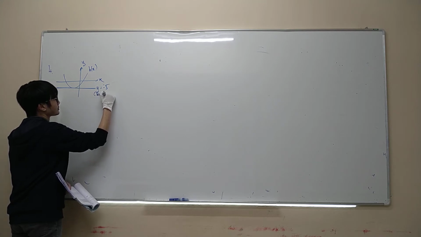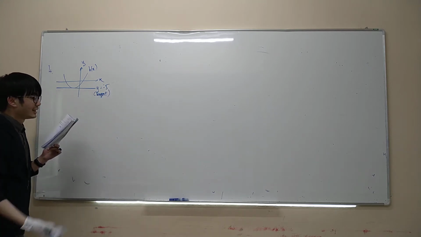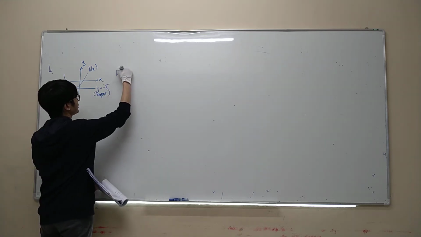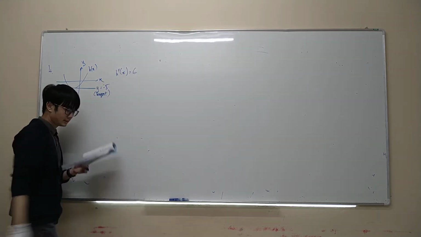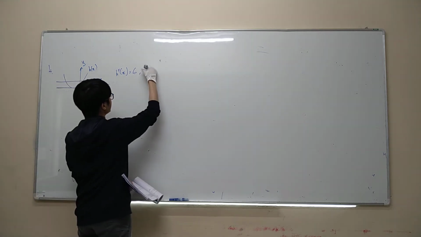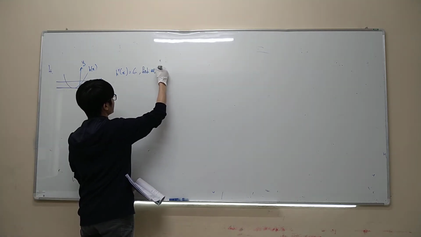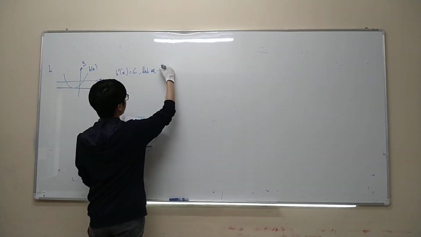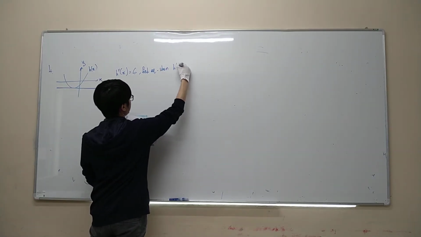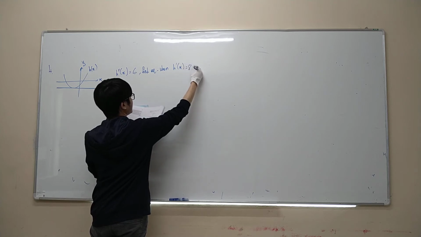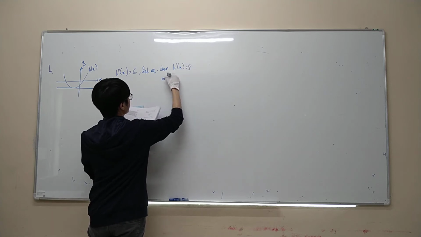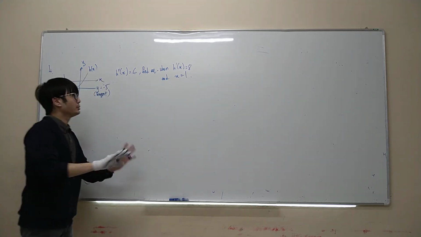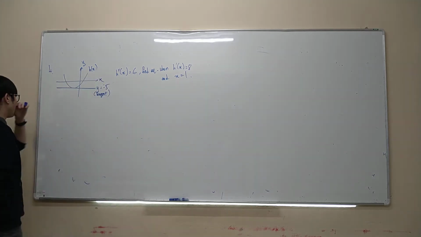Given h double prime x equals 6, find the equation when h prime x equals 8 and x equals 1. Now I can put my book aside and just focus on the question.